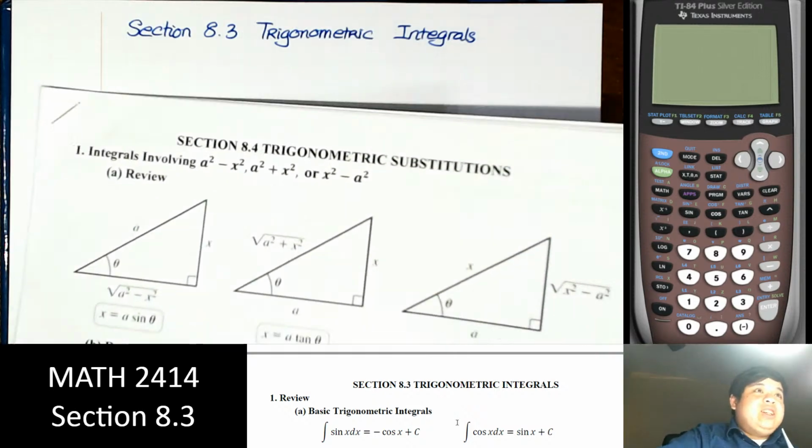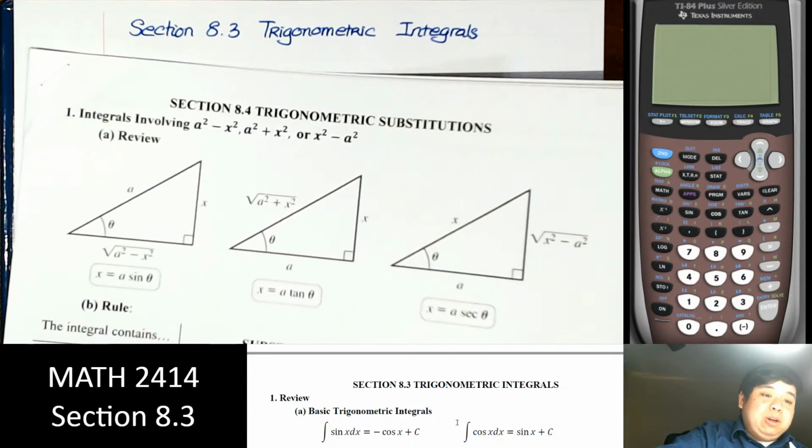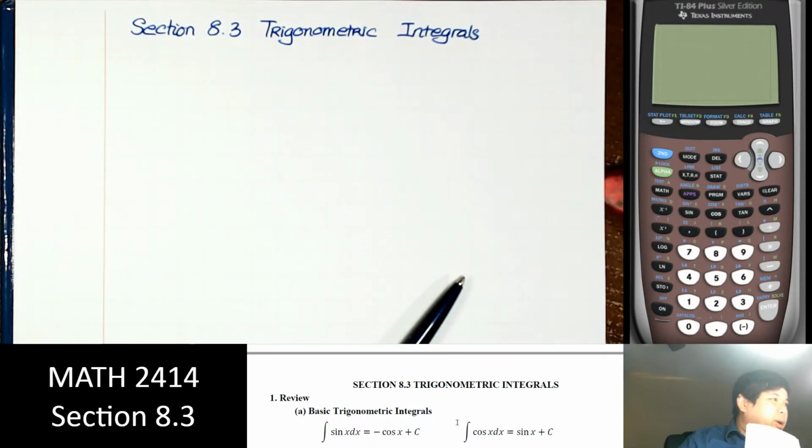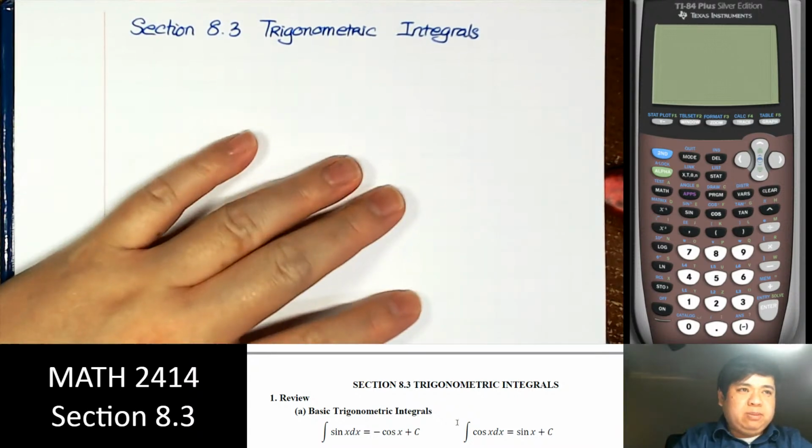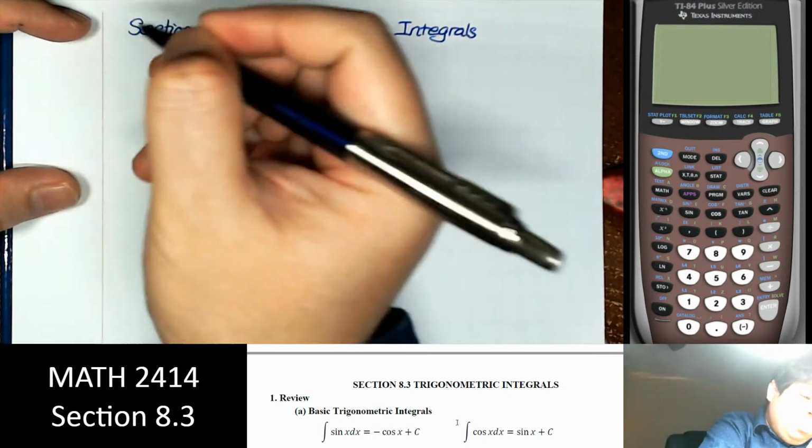By the way, the next section is trigonometric substitution, so it might be a little bit confusing. That's why I cut it off right here and make the first test up to this section and the later part before the next test.